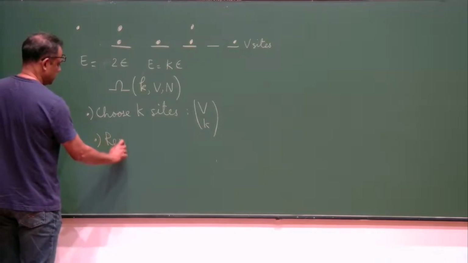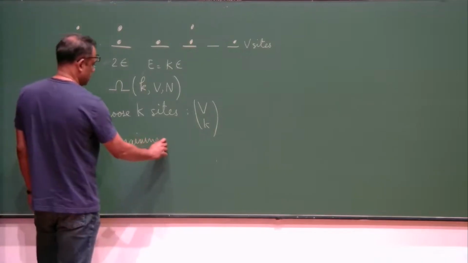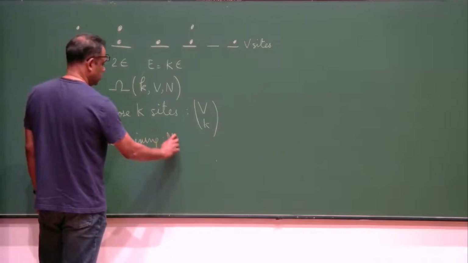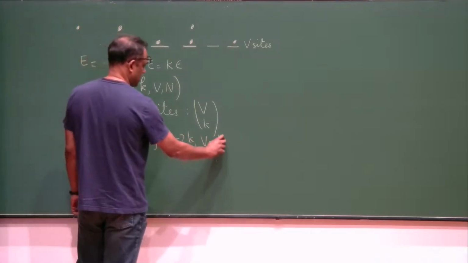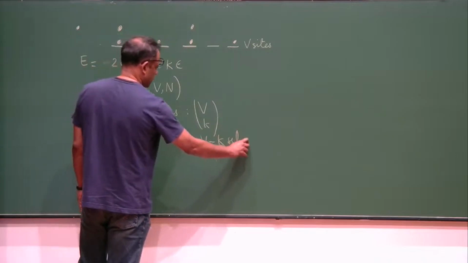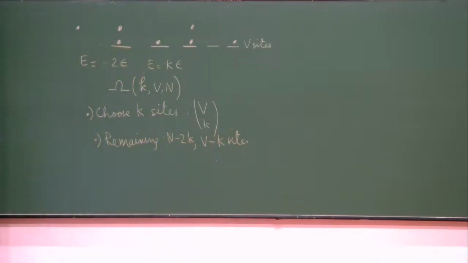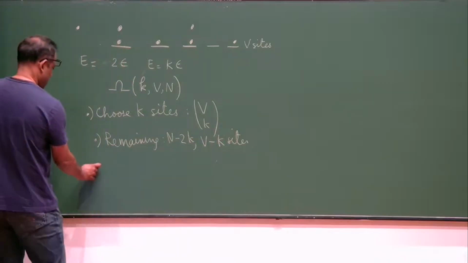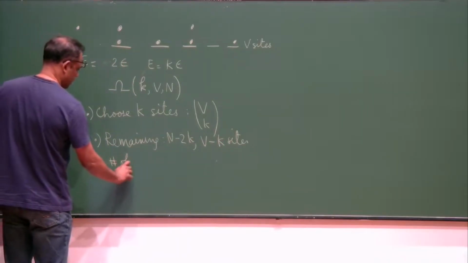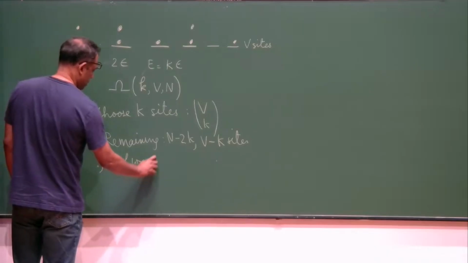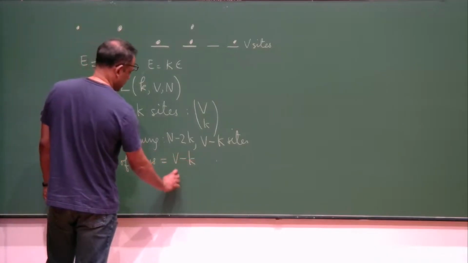Remaining particles is N minus 2k and V minus k sites. In these sites, there can be maximum 1 or 0. So how many ways can I do this? The remaining number of ways is V minus k choose N minus 2k.